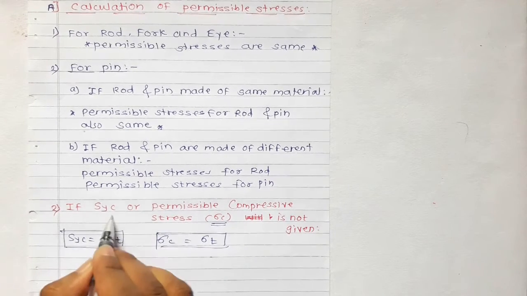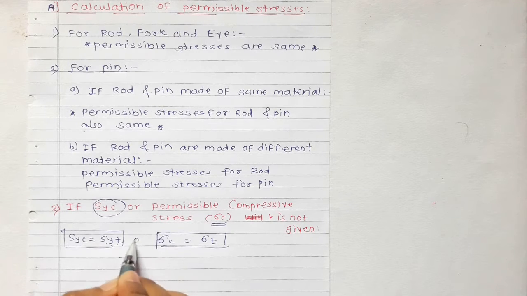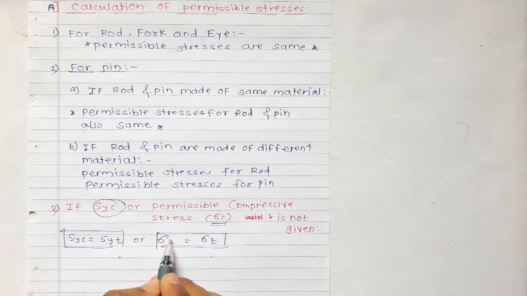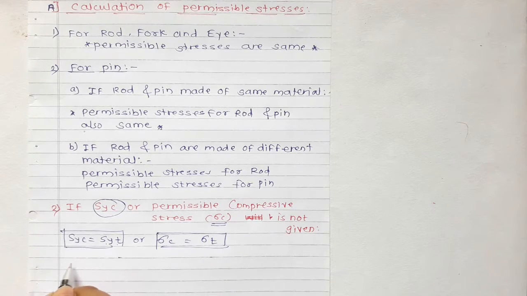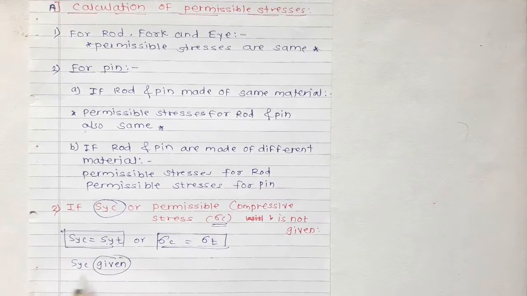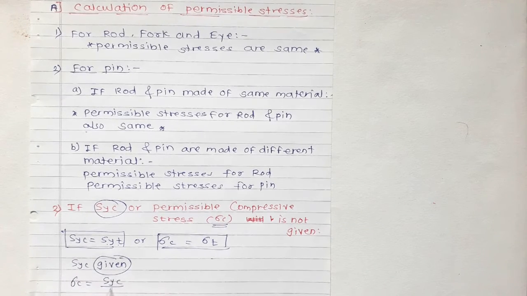But if the value of SYC is given, then we have to use this given SYC to find the permissible compressive stress, like SYC upon Fs. So remember this point.